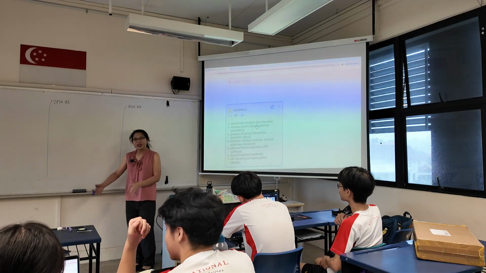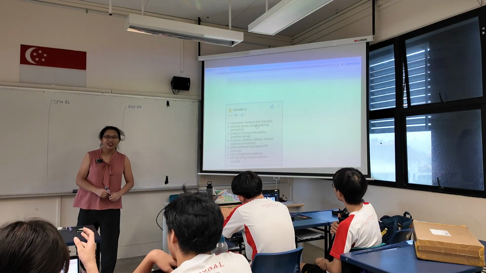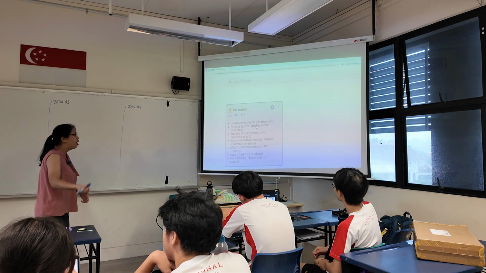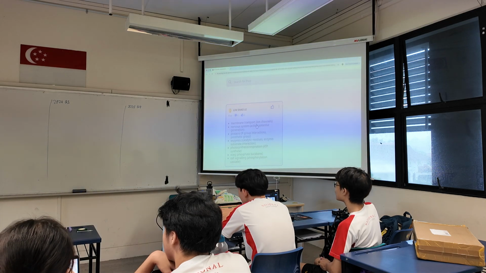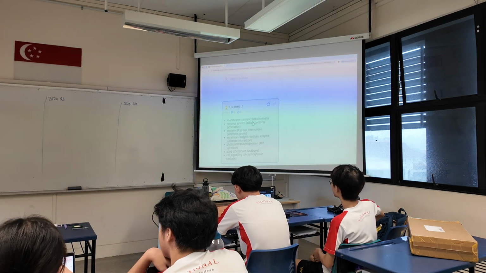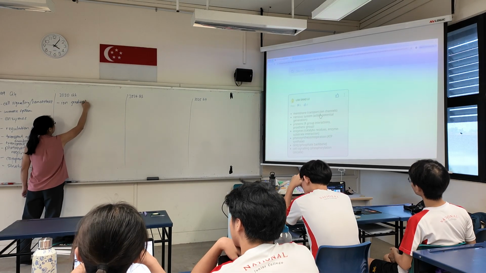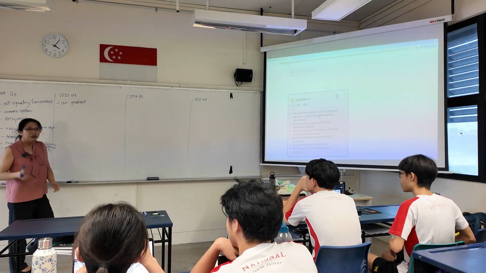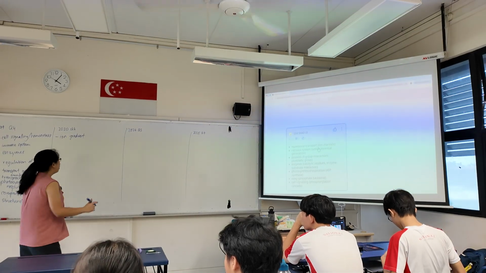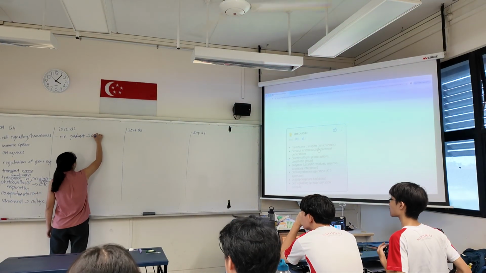But the channel is a gradient. Ion gradient. You can talk about ion gradient as a category. So ion gradient is needed for what kind of function? Generation of action potential.